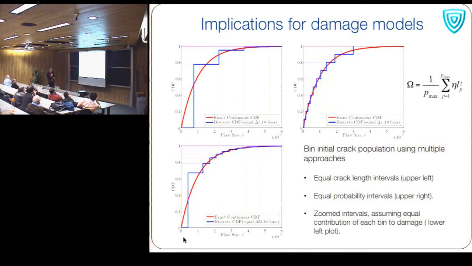Actually, what we did here was we wanted each of the bins to contribute equally to the total damage. So remember that damage function is like a summation of square of crack length, and it also depended on the number of flaws in that bin. So we went to equal damage. It's kind of smaller bins, it's distributed across.